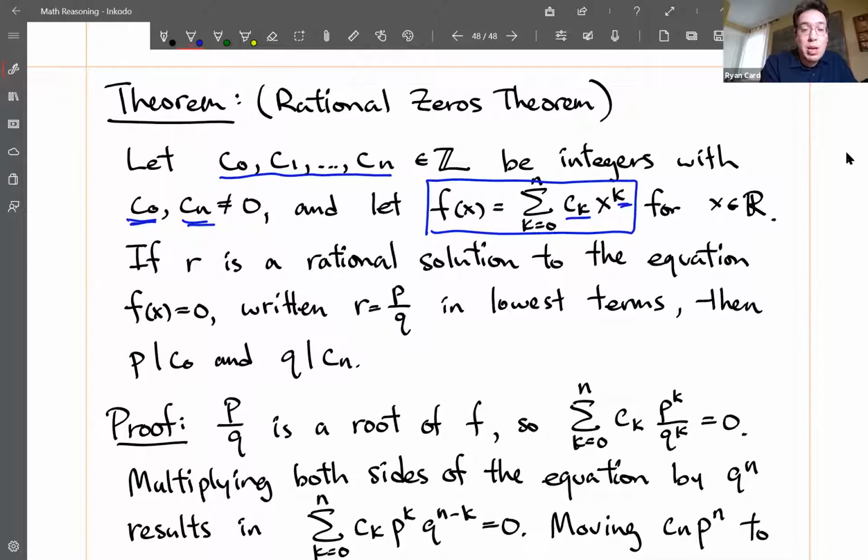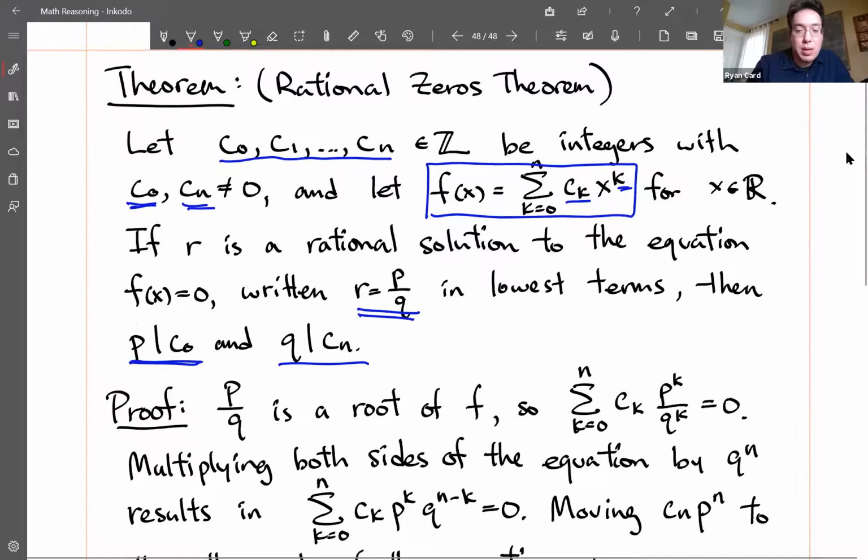So if you have a rational solution that could be written as p divided by q in lowest terms, then it turns out that when you write that rational number, the numerator has to divide the constant term, and the denominator divides the leading coefficient of the highest degree term.